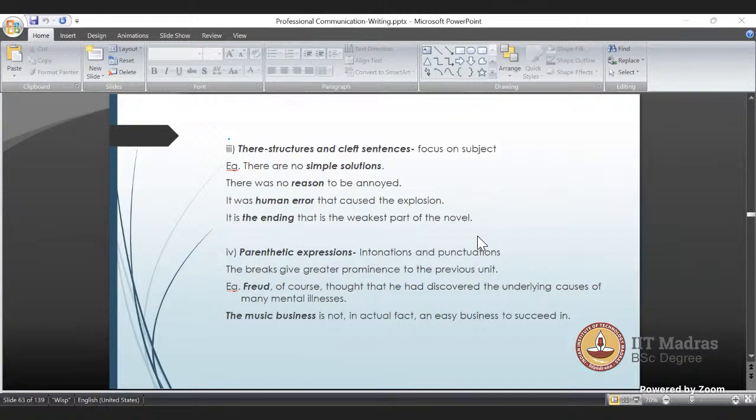What did you do? You brought the focus back on the subject. It was human error that caused the explosion, right? Can you rewrite these sentences that you see? You can comment on that, and then maybe if you do that, you can see the difference between them. What is the other way you can write the first sentence? There are no simple solutions.